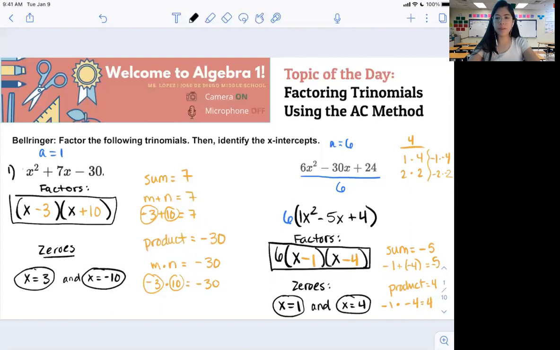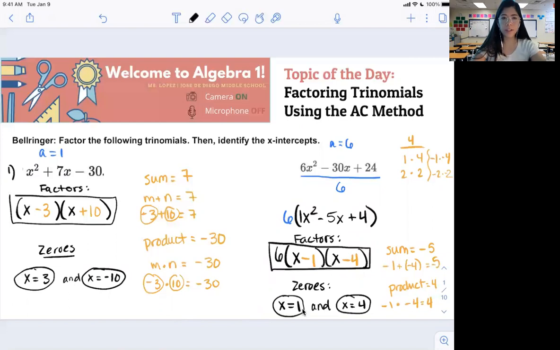Someone in the chat is asking me, what's a good way to remember the steps for how to do this? So the best way to memorize or remember what to do is, one, make sure that you write down everything that I do in class. When you're writing down your notes, you can copy everything exactly the same way, but you can also write little reminders for yourself.